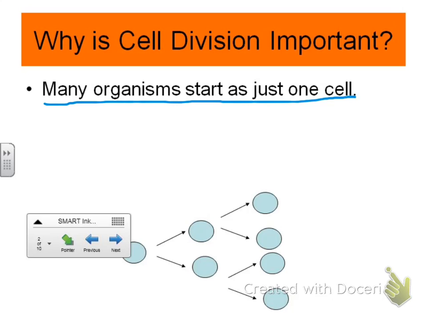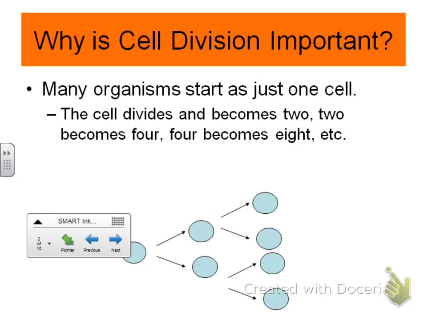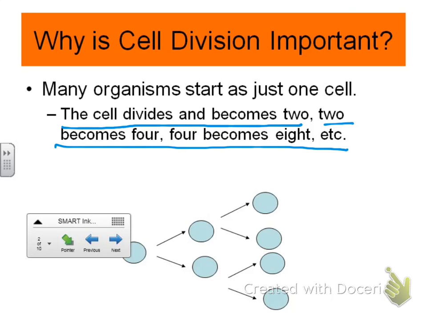Did you stay as just one cell? No. That one cell became two cells, and those two cells became four cells. So you're seeing the process, and I want you to jot it down: the cell divides and becomes 2, 2 becomes 4, 4 becomes 8, etc.